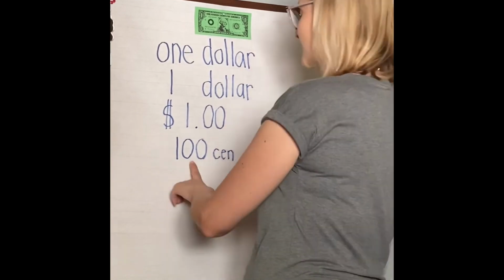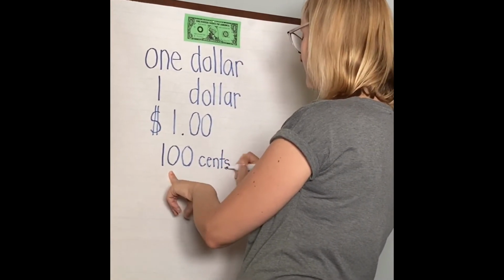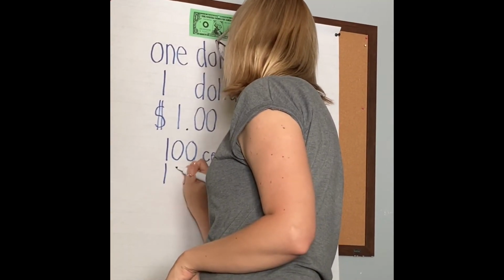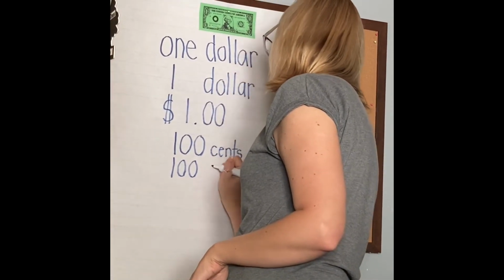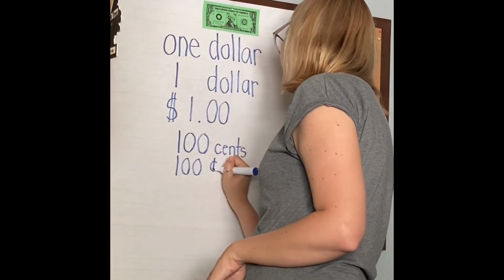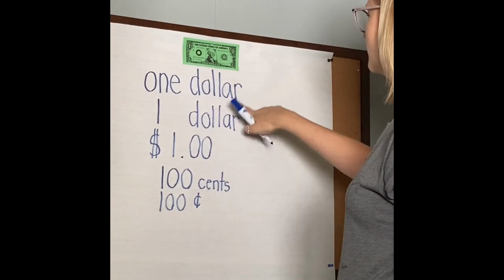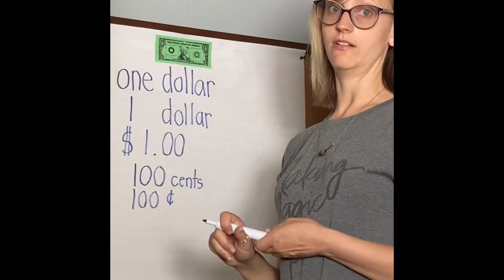Remember, that's quite a few cents, so it's going to have an S at the end. And then, of course, you can write 100 and my cent symbol. So a lot of different ways that you can show that you have a dollar.